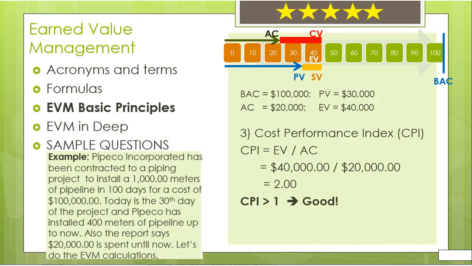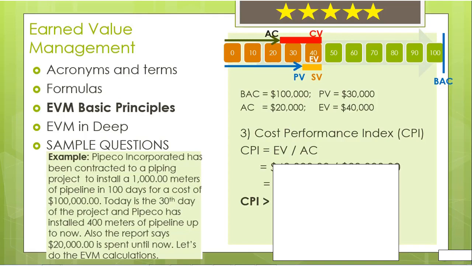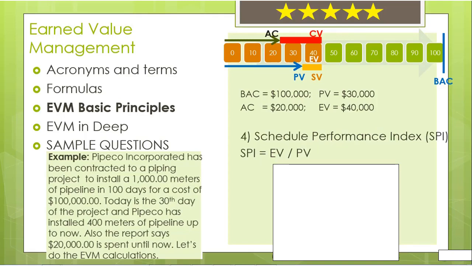As a result, if CPI is greater than 1, it is good. And if CPI is less than 1, it is bad. Schedule Performance Index. Schedule Performance Index is earned value divided by planned value. This is how many times earned value is greater or less than the planned value.